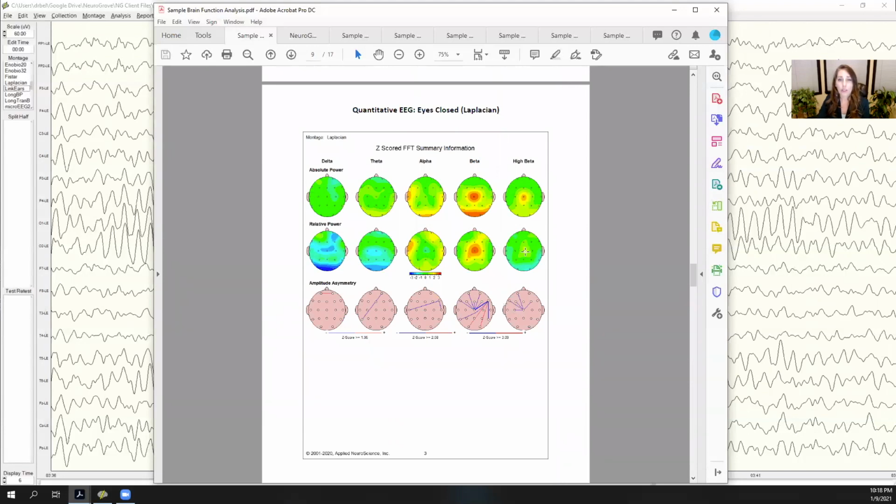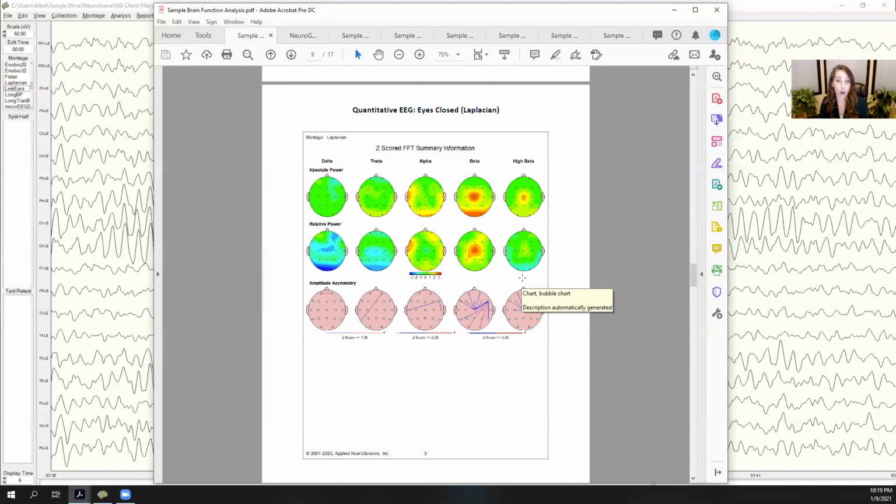And then we also look at what's called Laplacian, which is basically just a different way of localizing activity. So remember I said the first one is comparing against the ear electrodes. This one is actually comparing the activity under one electrode to the average of the surrounding electrodes. So it's just a different way of really localizing where that activity is coming from primarily.